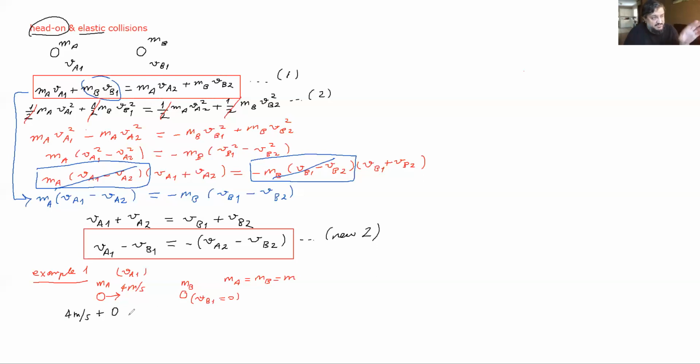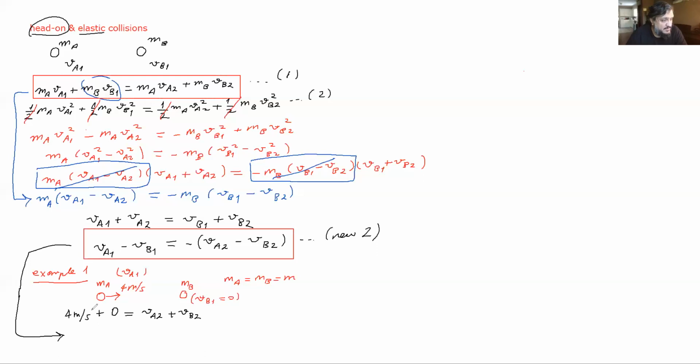I'm just using the first equation. On the right hand side, I have two unknowns now, VA2 plus VB2.